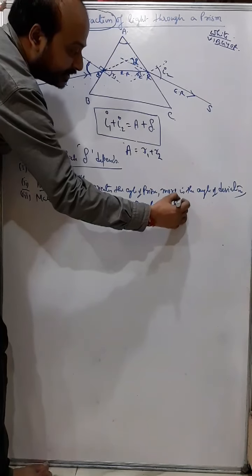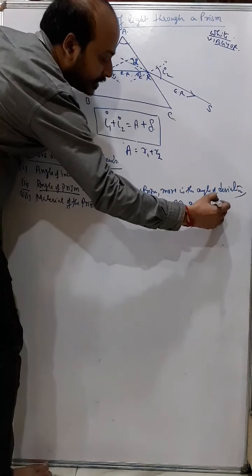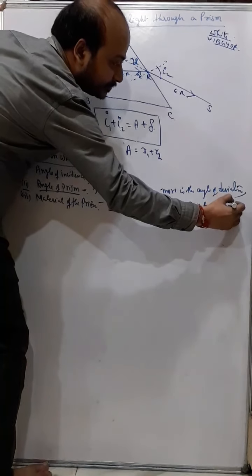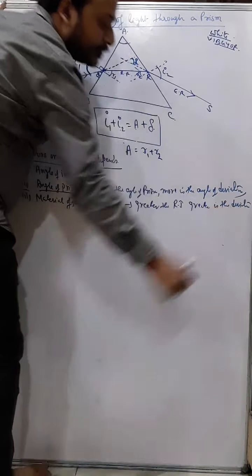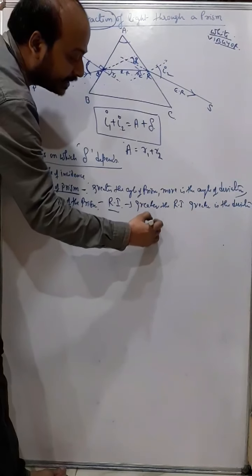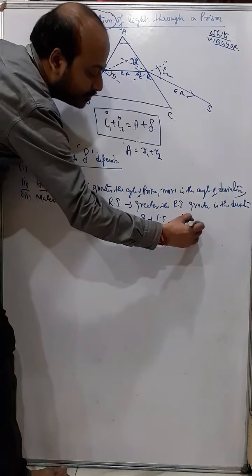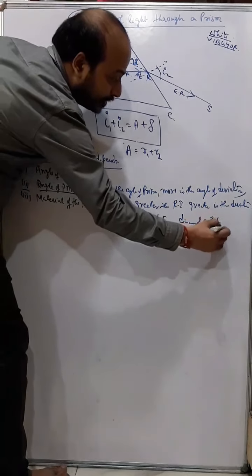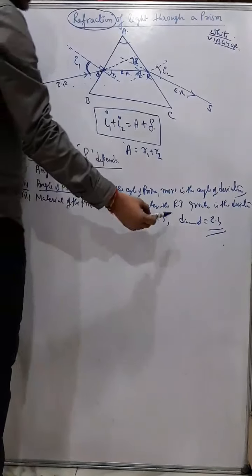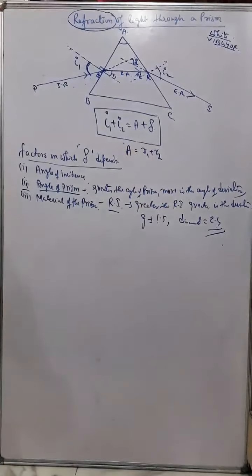For example, the refractive index of glass is 1.5, and for diamond it is 2.4, and hence light deviates more in diamond than in glass. So it depends upon the material of the prism.